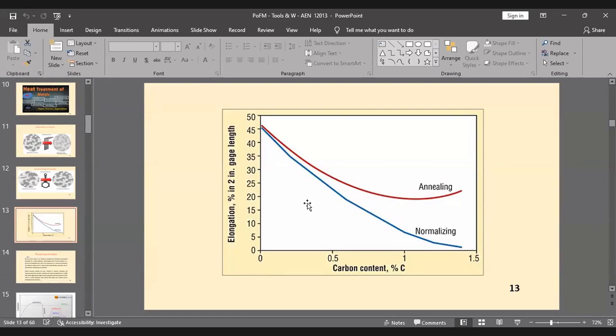When you increase the carbon percentage, you have a graph with high strength and low elongation, very high hardness. For example, cast iron. You know the engine block, cast iron. Elongation is comparatively zero, that expansion is nearly zero.